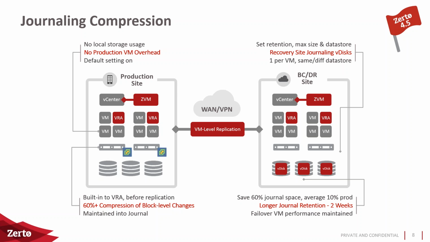Of course, that is dependent upon the IOs of the source VPGs, but as an average, you should see about a 60% savings. And if you're a large service provider or a large enterprise, this could become a fairly significant amount of disk space that you're saving by us being able to compress the journal.